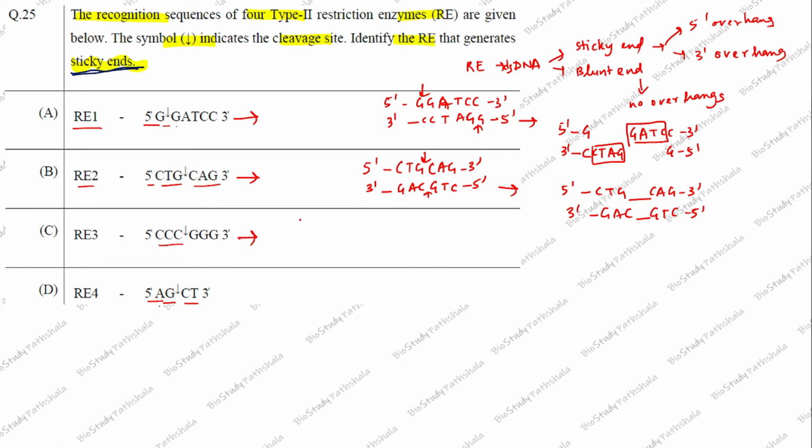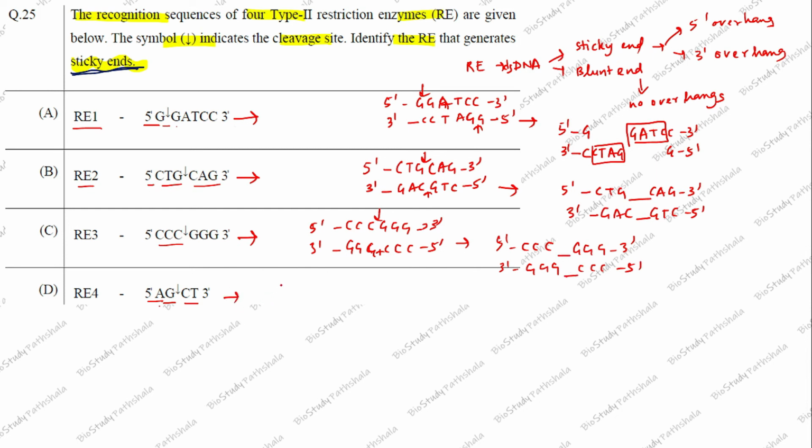In case of option 3, that is again 5' CCCGGG 3', GGGCCC 5'. So here is the cut site. So it will be generating 5' CCC and GGG 3', GGG and CCC 5'. So again here no overhangs are found.